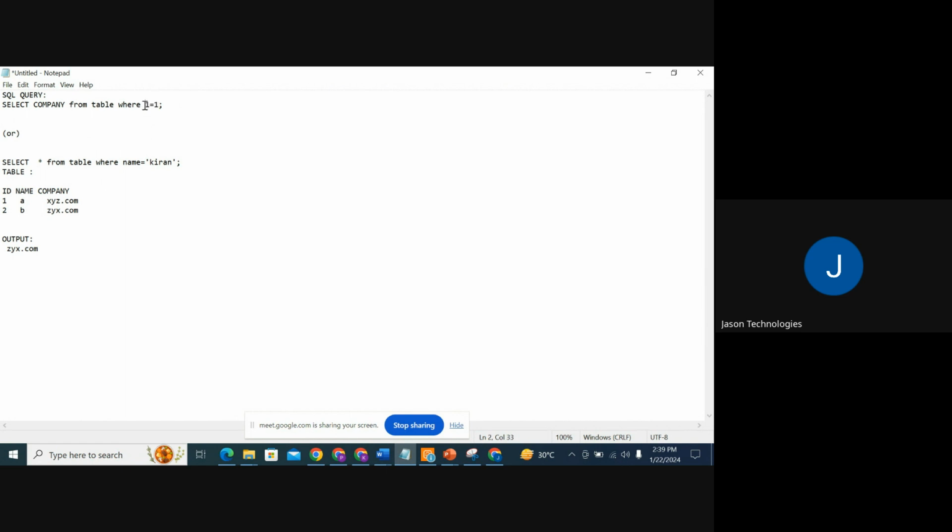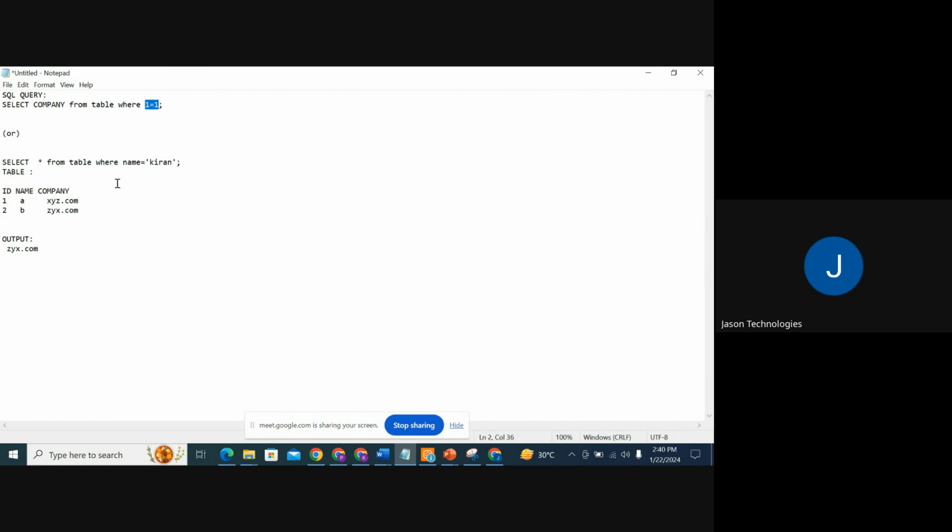Previously, I said that if id equals 2 matches with the table, it gives a true condition. Let's say I remove id equals 2 and provide 1 equals 1. Then it is always true, and it retrieves the company name even if it doesn't match the record data.